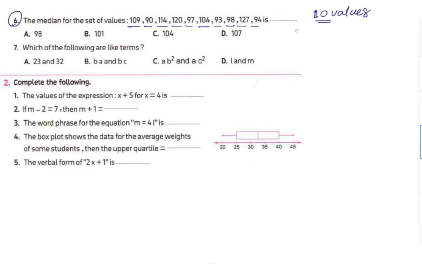We have 90, 93, 94, also we have 97 and 98 and 104, and after it 109 and 114.